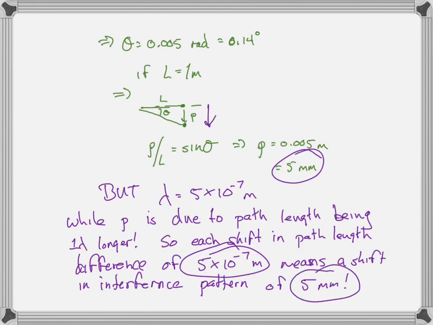So this is a really sensitive measurement to changes in path length, because if I take one of those sources and I move it one wavelength farther away, then the entire interference pattern will actually shift down the screen by 5 millimeters instead of 5 times 10 to the minus 7th meters. So this is a very sensitive measure of changes in distance. We'll do that again for the Michelson-Morley experiment. I'll show you what that means there.